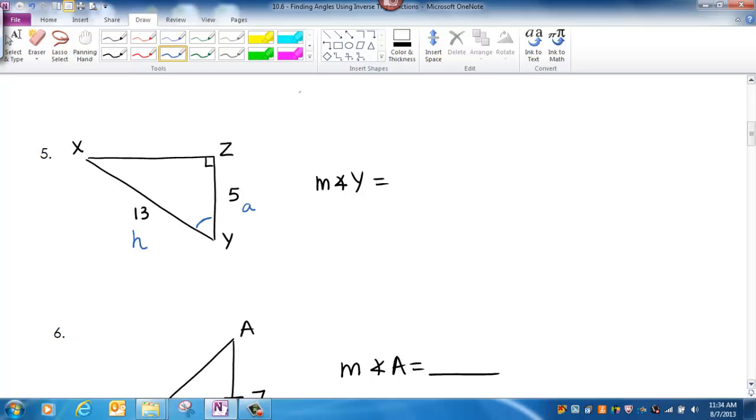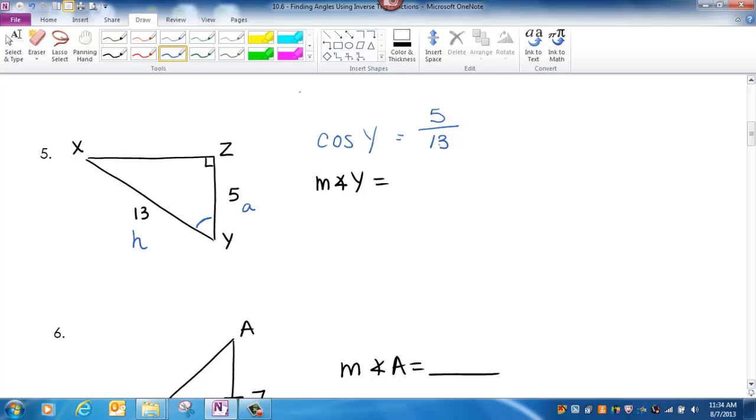Okay, so which trig function, sine, cosine, or tangent, uses adjacent and hypotenuse? That's cosine. So we can say that cosine of y equals adjacent, which is 5, over hypotenuse, which is 13.